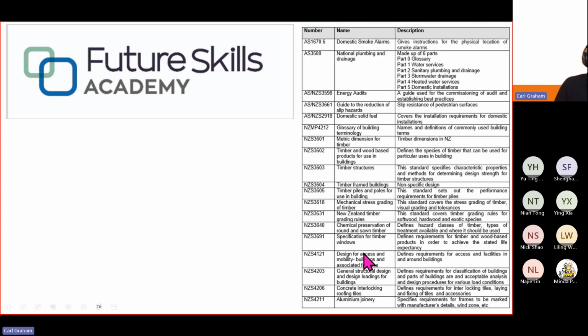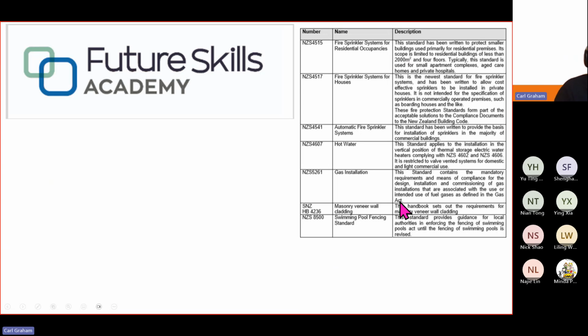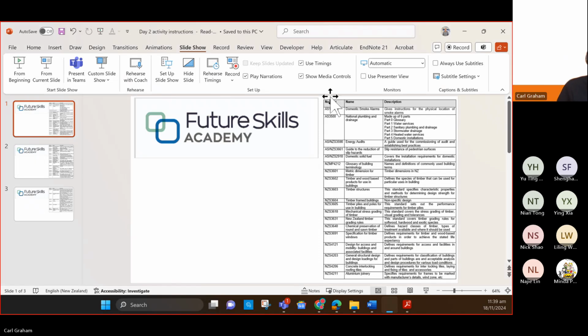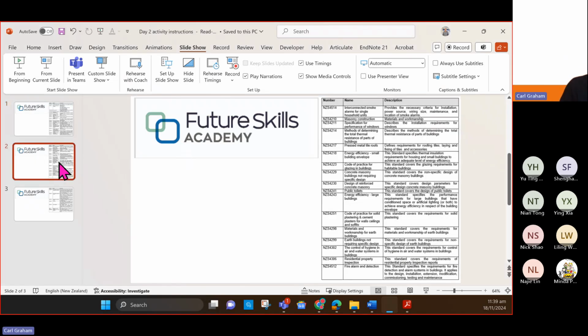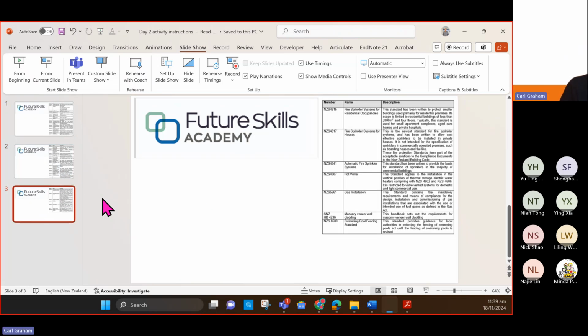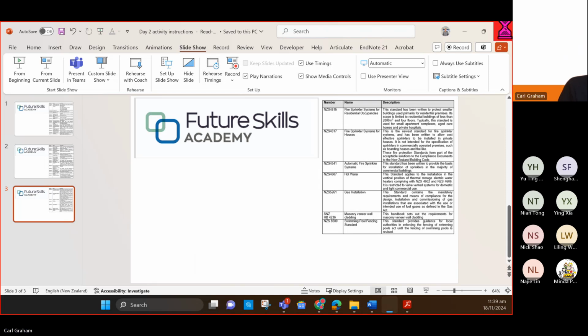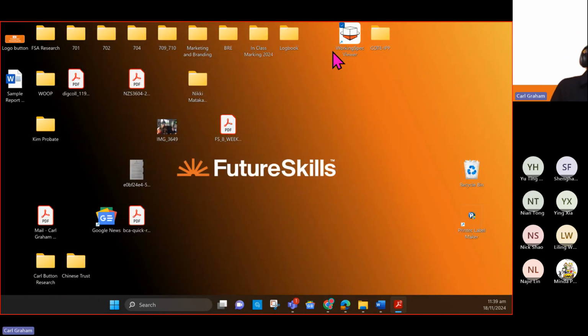So what have we got? Is that the same one? It's the same one. If I go enter. Oh, okay. That one there, 4223 just there. And hot water, gas installation, masonry veneer, cladding, swimming pool fencing standard, fire sprinklers. Oh yeah, that's just something you need to take into consideration.